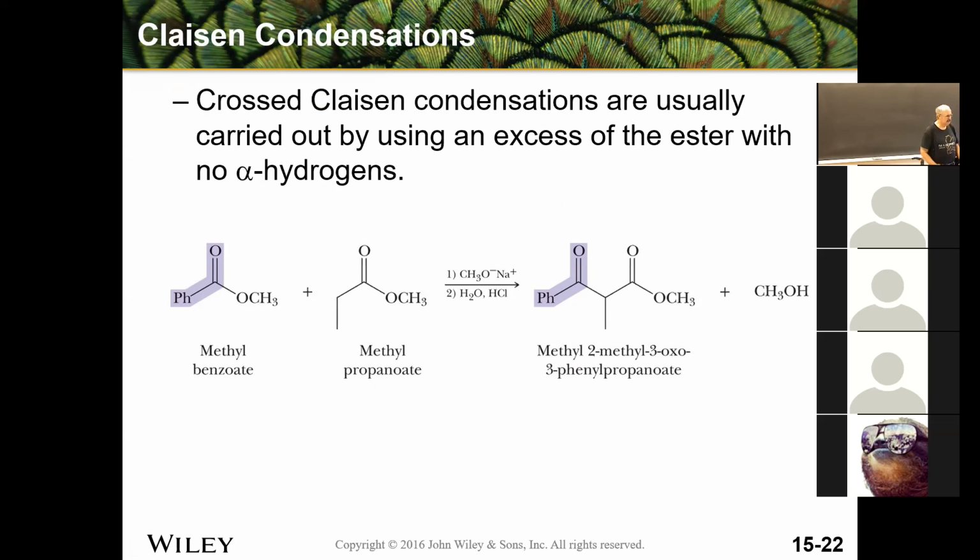This is usually carried out using an excess of the ester with no alpha hydrogens. In the laboratory, what we often do is we'll add the ester that does have the alpha hydrogens very slowly to the reaction mixture that already contains the ester without the alpha hydrogens.